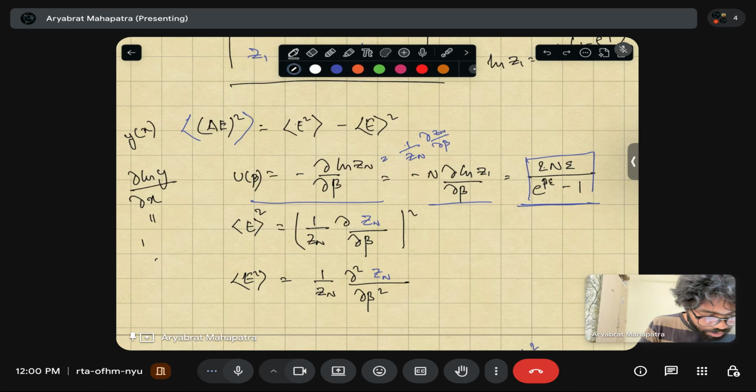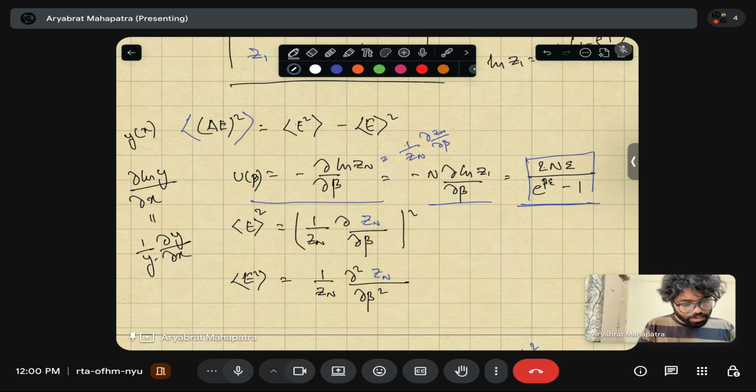That will give me 1 over y, and then the derivative of y with respect to x because of the chain rule. So this is the same thing. That is why for the definition of internal energy, you write either this or this. So that is the same.